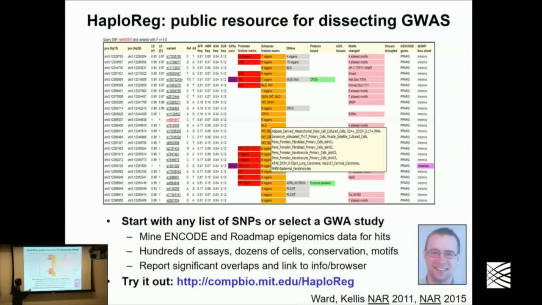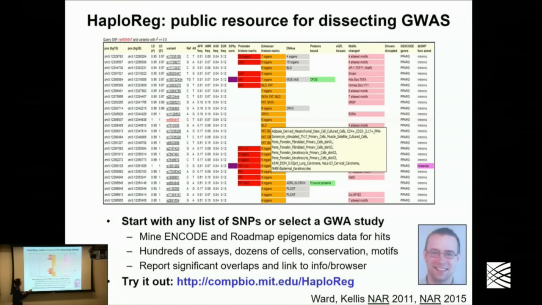And you can now ask for every one of those, what are the overlaps with evolutionarily conserved elements? What are the overlaps with promoter histone marks, with enhancer histone marks? And not only do they overlap, but in what tissues do they overlap? This one is particularly active in adipose, and so on and so forth.